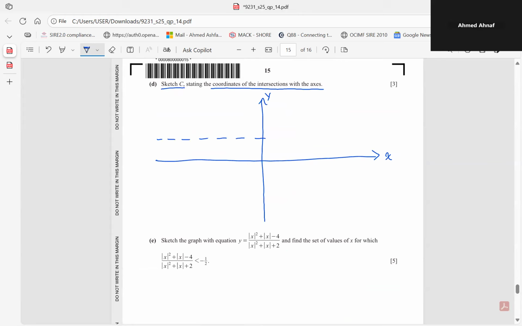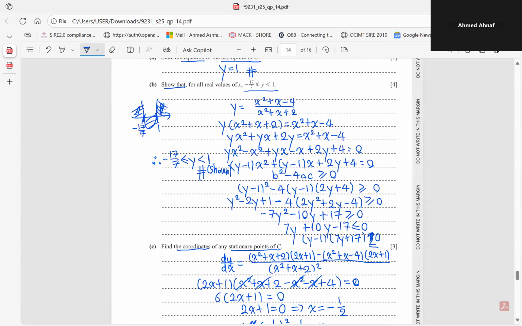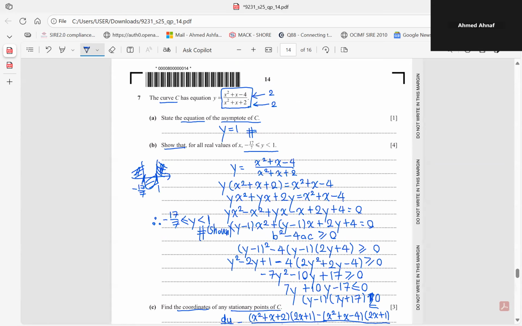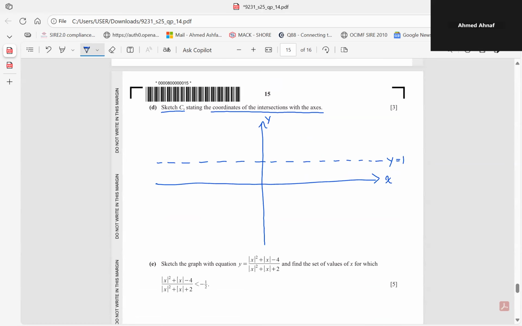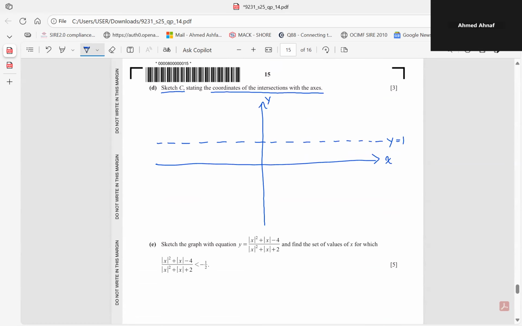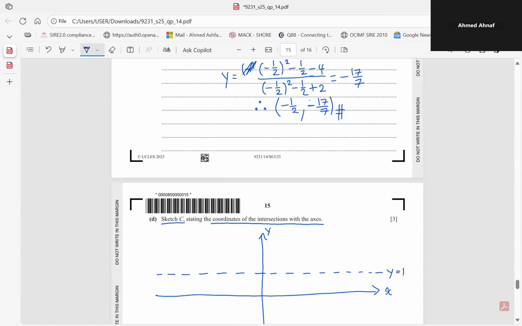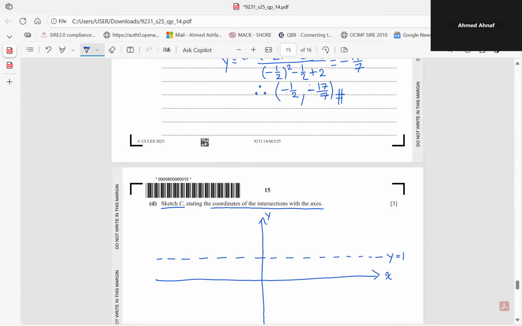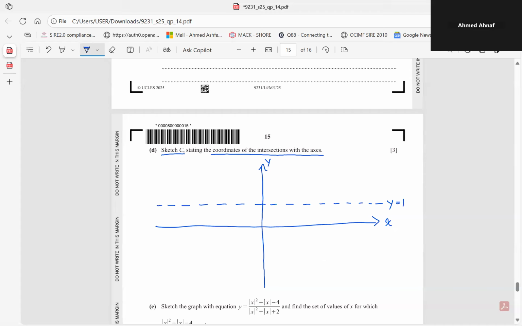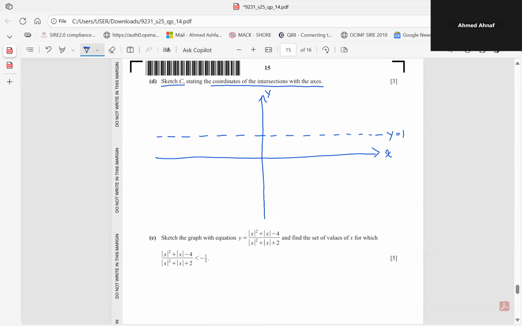So let's sketch that. y equals 1. Okay. So we only have one stationary point, which is minus half and minus 17 over 7. So that would be somewhere here.